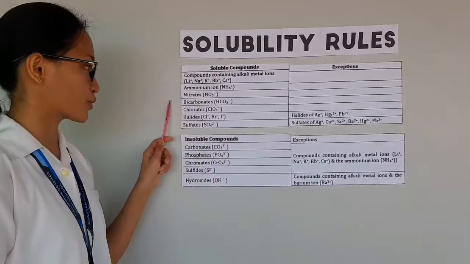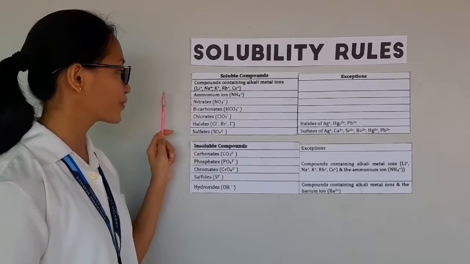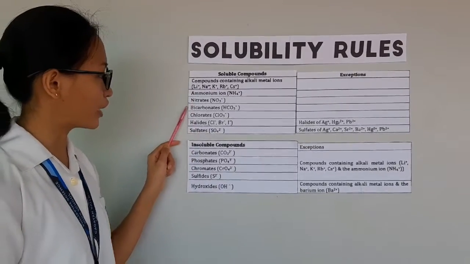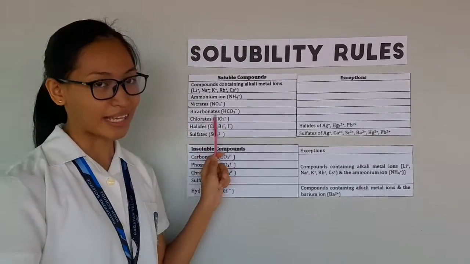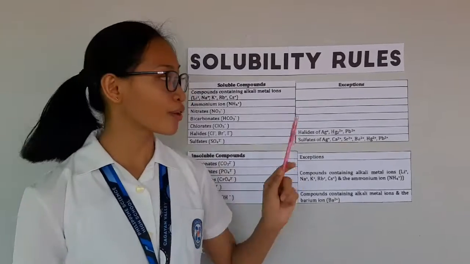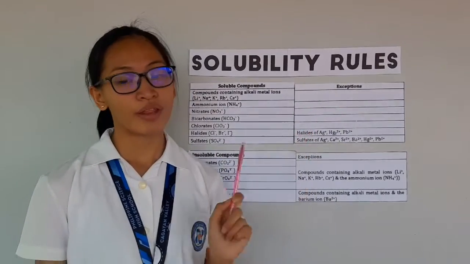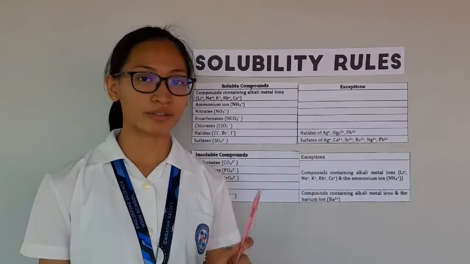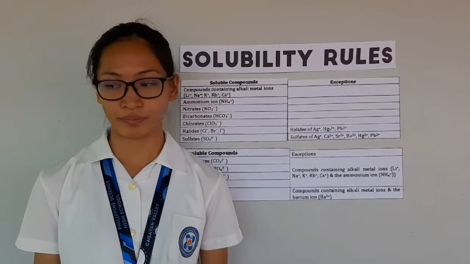Looking at the next rows, we see that ammonium, nitrates, bicarbonates, chlorates, and acetates have no exceptions to these rules as well, thus making their compounds always soluble.